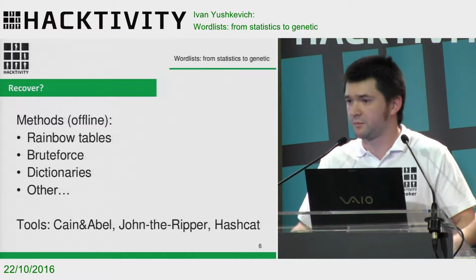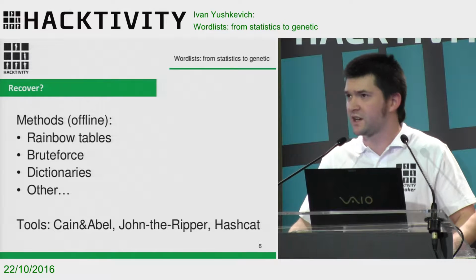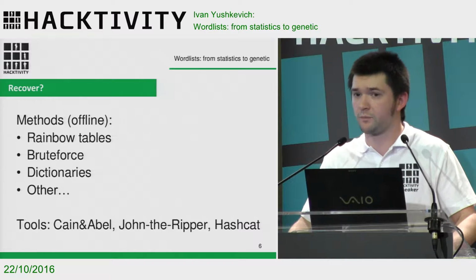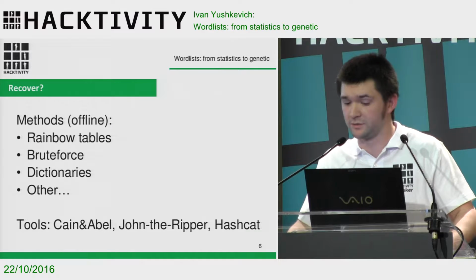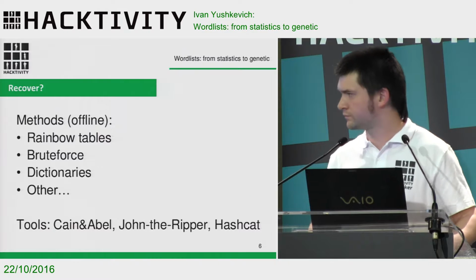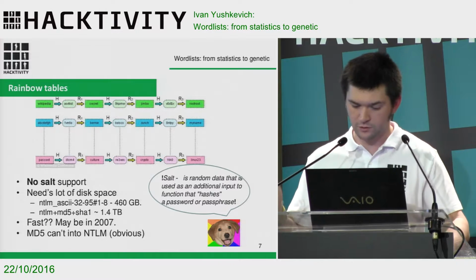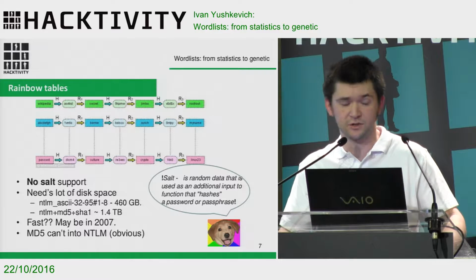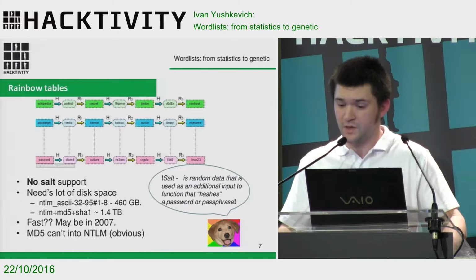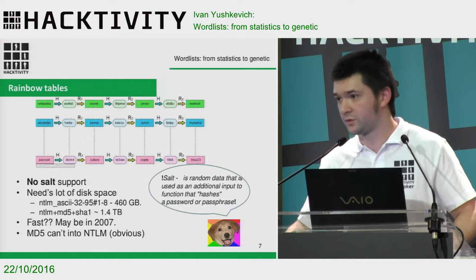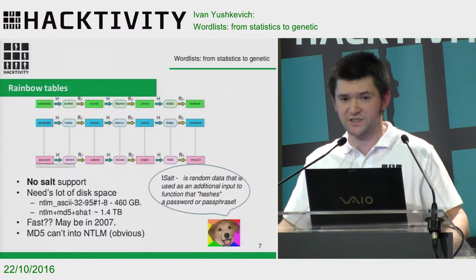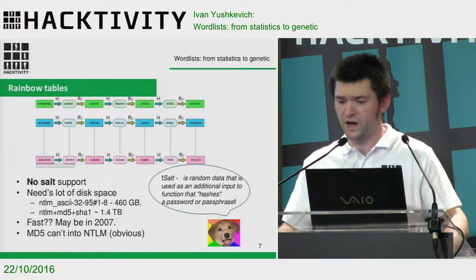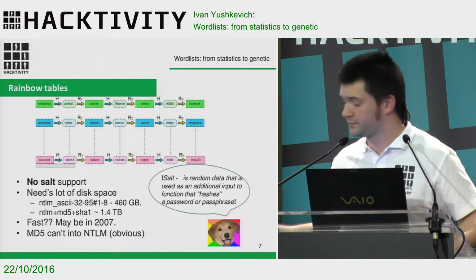There are some methods that can be used to recover passwords. I'll try to briefly describe all of them with their pros and cons in my own opinion. First of all, rainbow tables are used to recover passwords of certain lengths and a certain charset. They take less processor time than brute force and less disk space than table lookup, but still have no salt support.